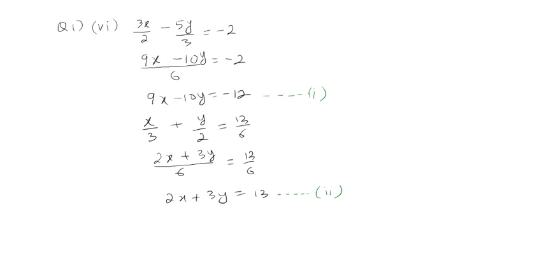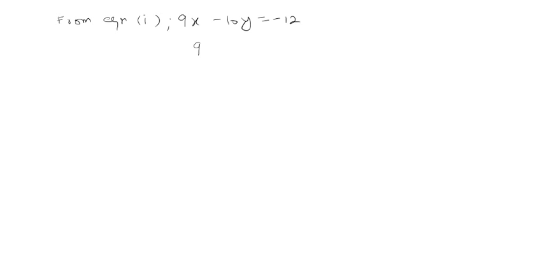So now I'll go to the next page. So I'll write here, from equation 1, what we'll get? Equation 1 was 9x minus 10y is equal to minus 12.